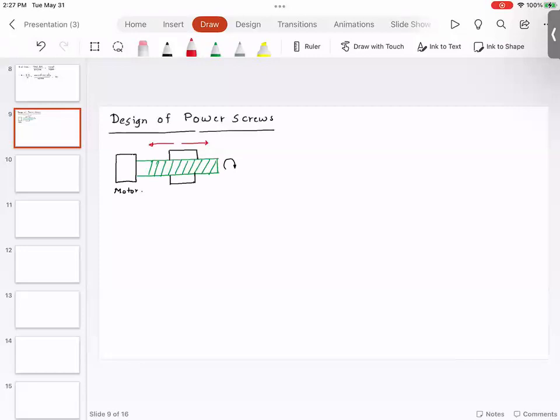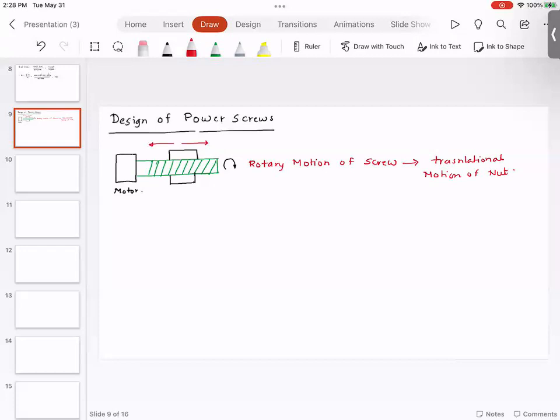So in other words, the rotary motion of the screw is converted to translational motion of the nut. Now, unlike a turnbuckle, you expect this motion to be continuous. A classic application is a 3D printer.